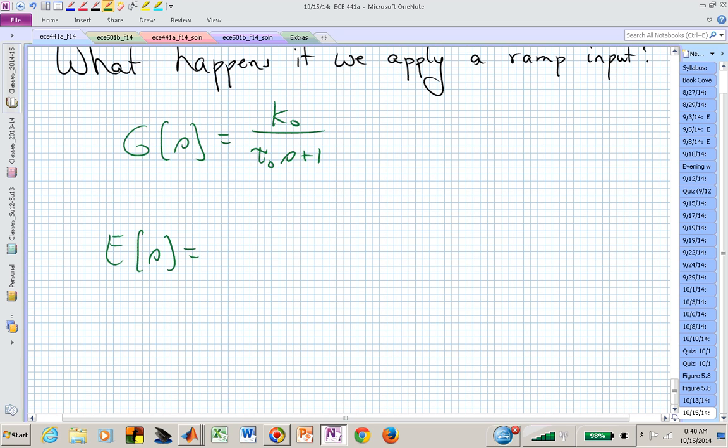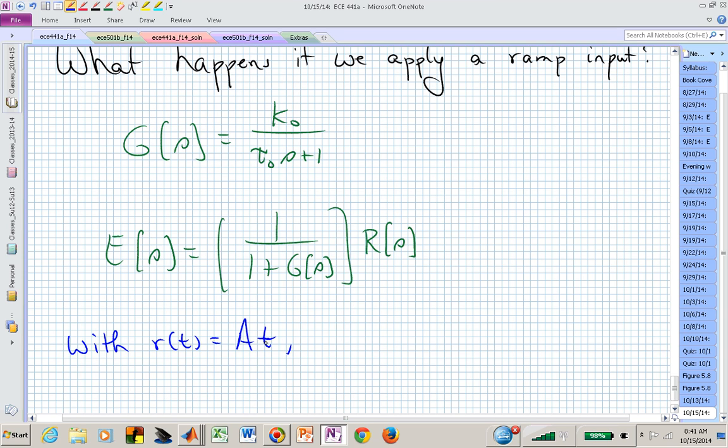We're just going to change the reference input R. This is still 1 over 1 plus G of S times R of S. But now if we want a ramp, what do we want capital R of S to look like? Yes, so if we let our ramp be some slope A with T, then the reference input in the frequency domain, R of S, is now A over S squared.